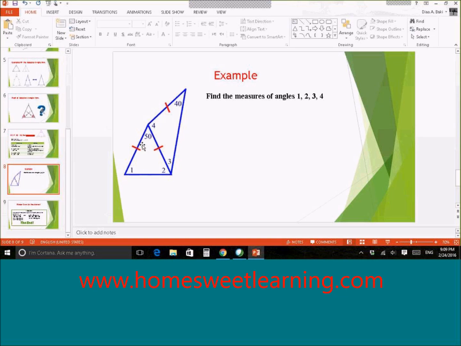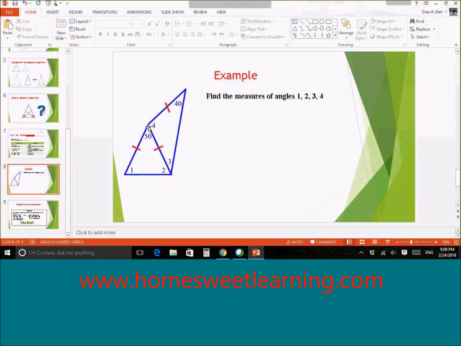We subtract 50, and 180 minus 50 is 130. So the sum of the measures of these two angles is 130. And since both of them are congruent, each one will be half of 130. If we use a calculator or divide it, it will be 65 each. So this is 65 and this is 65.